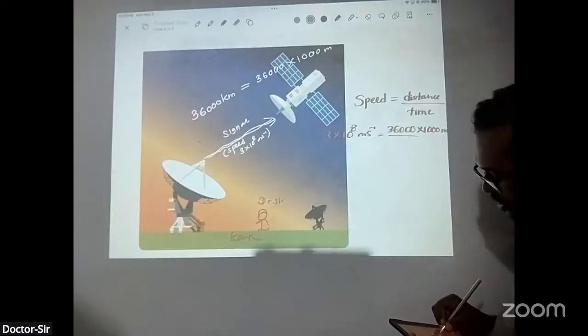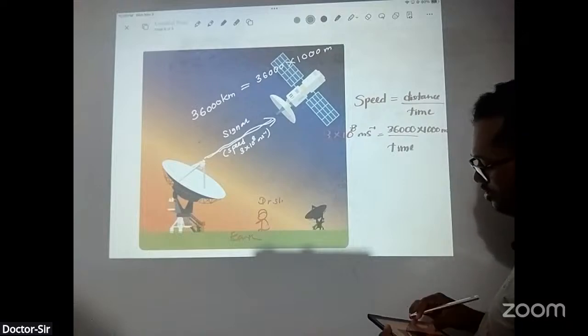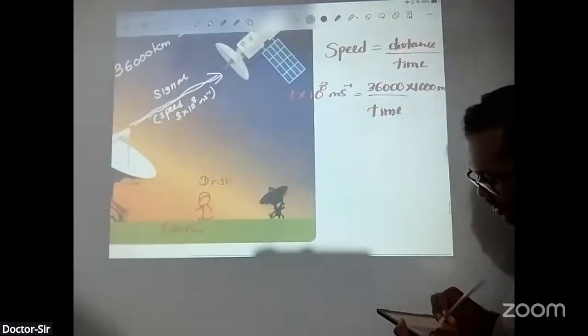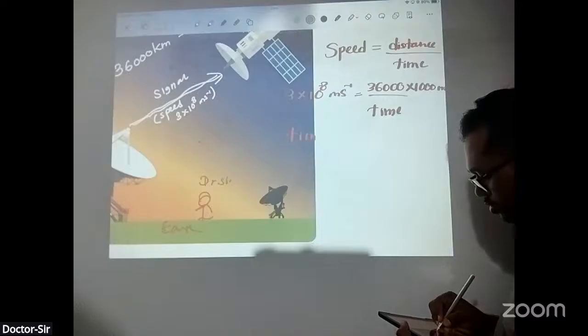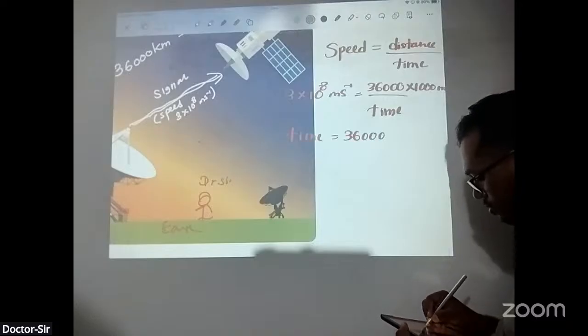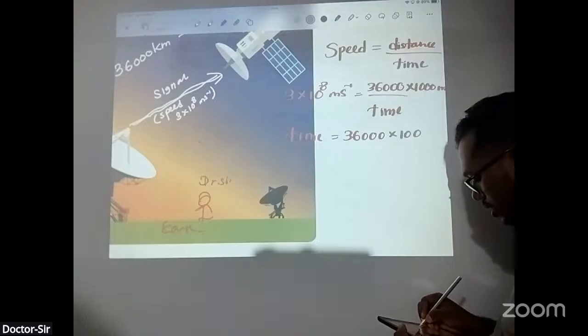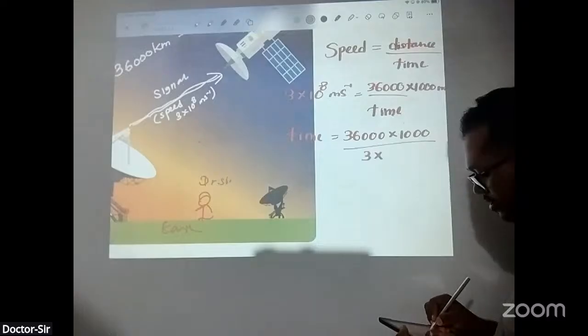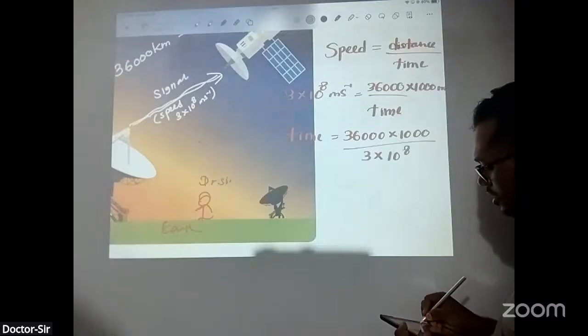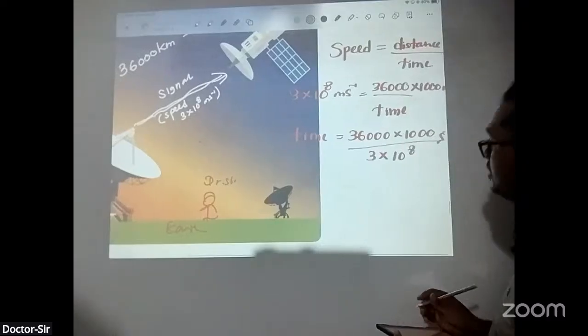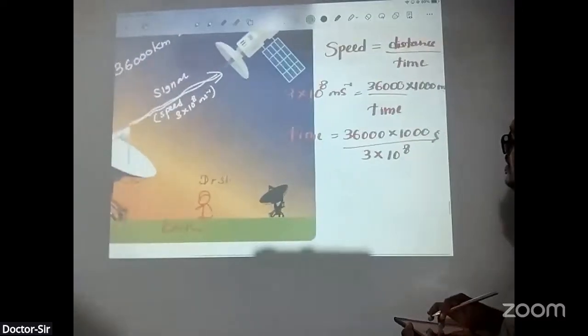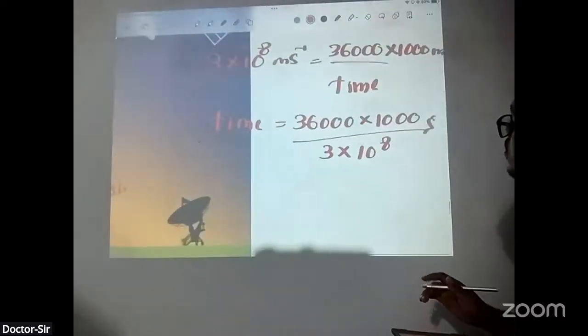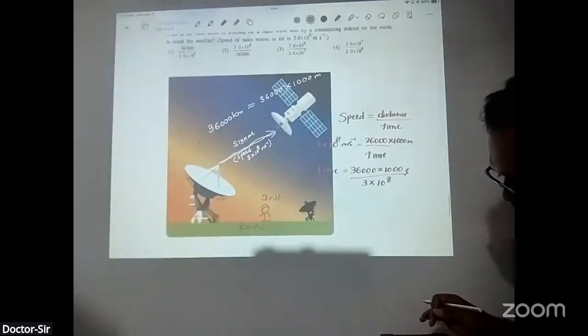Then we have to identify the time. Now I will take the time. So time equals 36,000 multiplied by 1,000, divided by 3 multiplied by 10 to the power 8. Now it will come as seconds. Now you can easily cancel these things. The answer options are given, right?